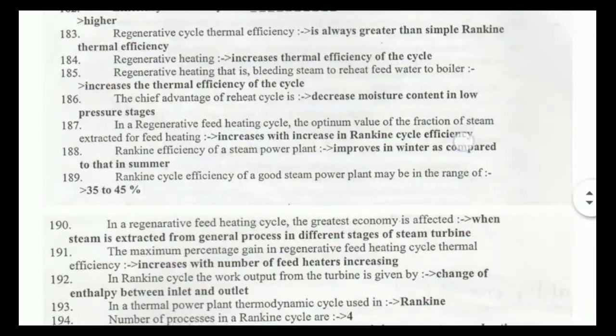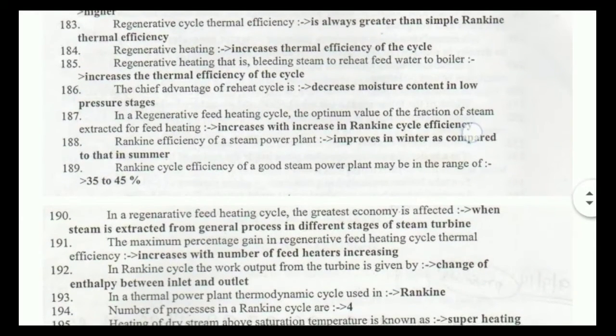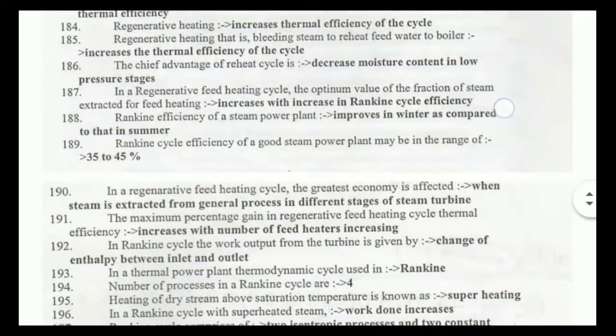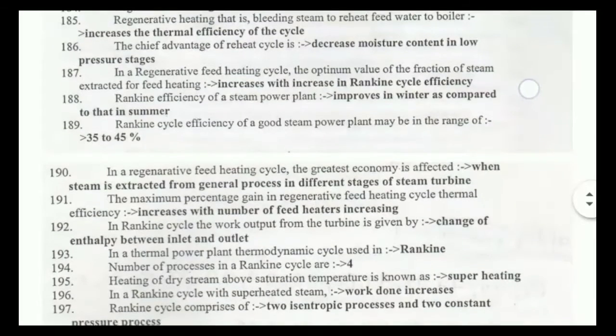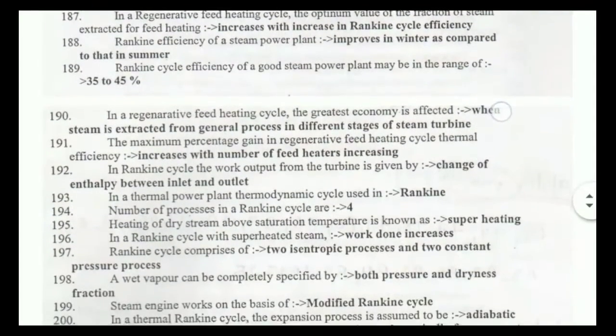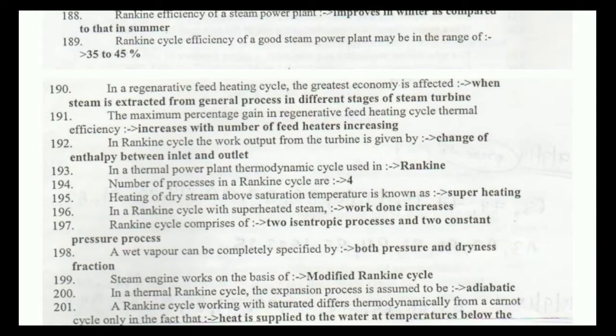Regenerative cycle is more efficient than Rankine cycle. Rankine cycle efficiency is in the range between 35 to 45 percentage.